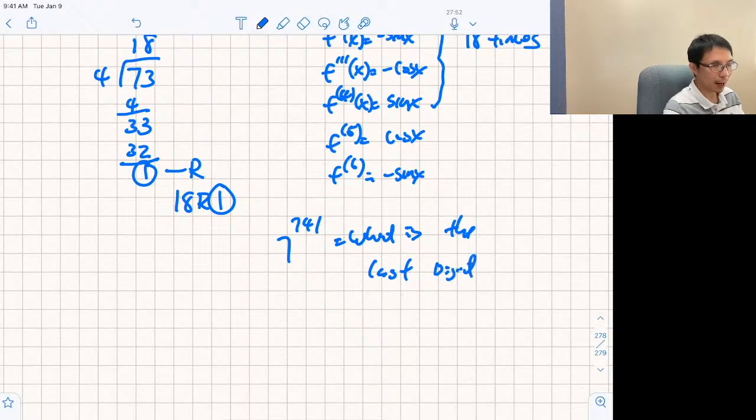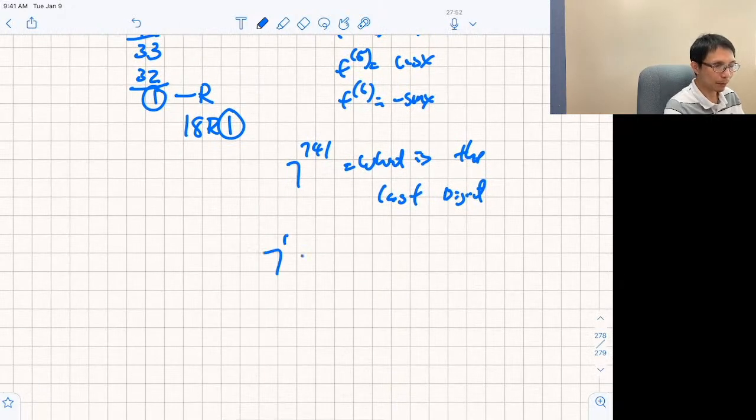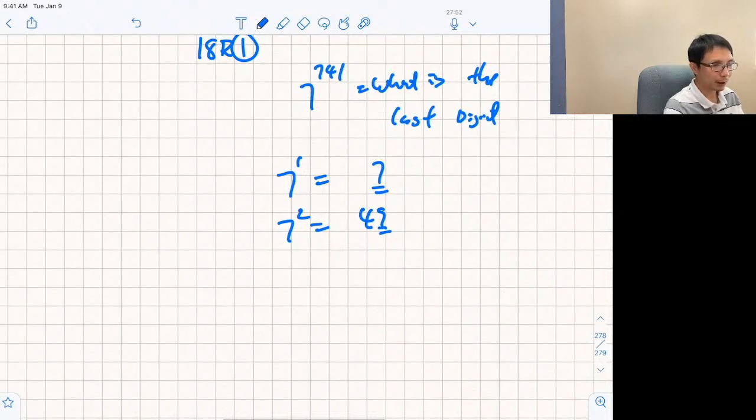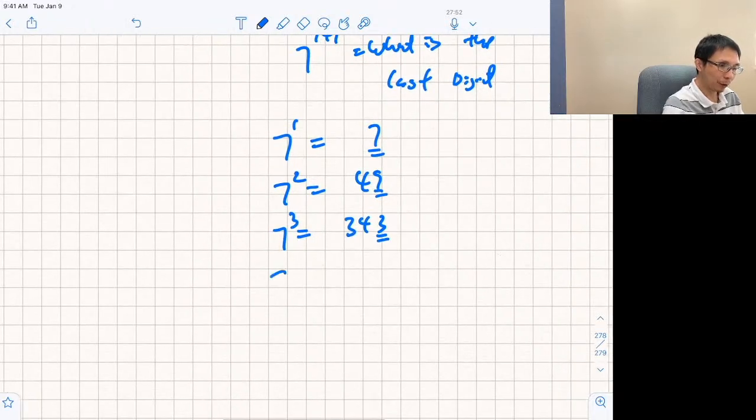Then you will find out that 7 to the 1 power is 7. 7 to the 2 power is 49, but pay attention to only the 9. And 7 to the third power is 343, but again, only the last digit matters: you multiply it by 7 and get a new last digit. 7 to the 4th power, I believe, is 2401, but somebody can double check me.